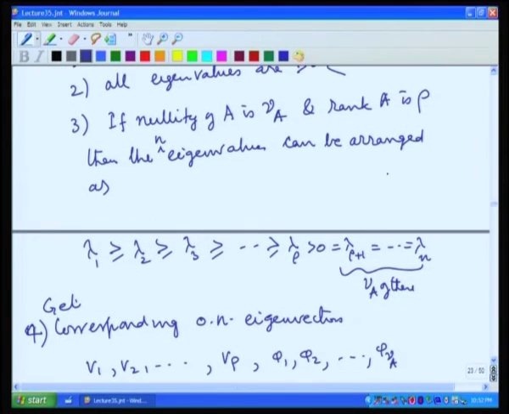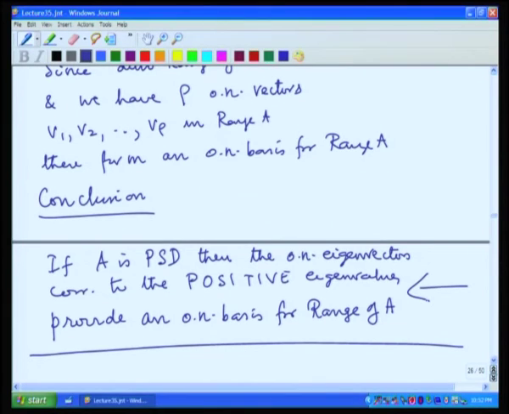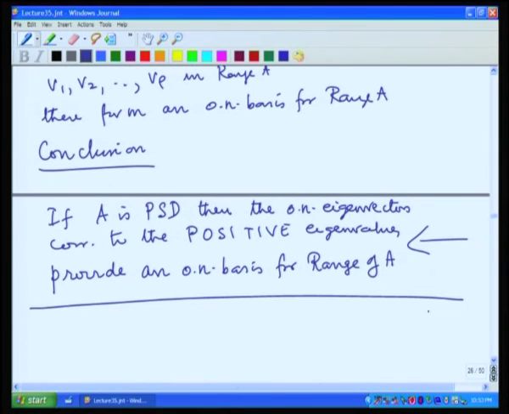If nullity is nu A, the eigenvalues can be arranged in this form, and corresponding to these we will get the eigenvectors. These are orthonormal eigenvectors, and the eigenvectors corresponding to the positive eigenvalues provide us a basis for the range of A.